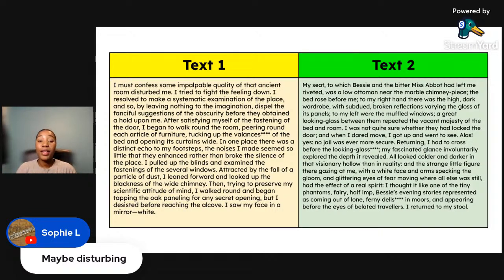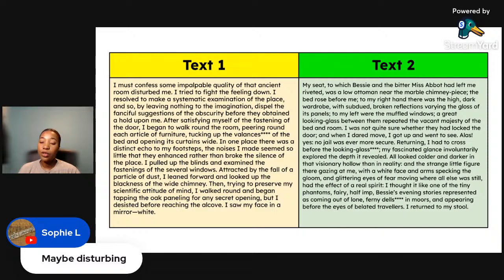Focusing now on the narrator, what do you think his perspective is of this unfamiliar environment? We can come back to that question, okay?